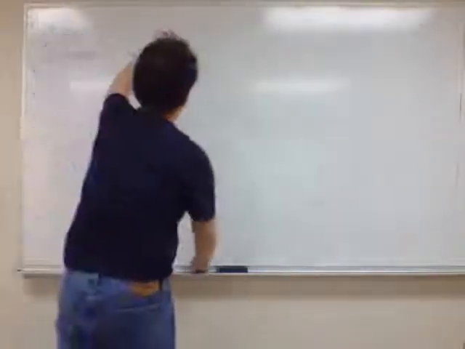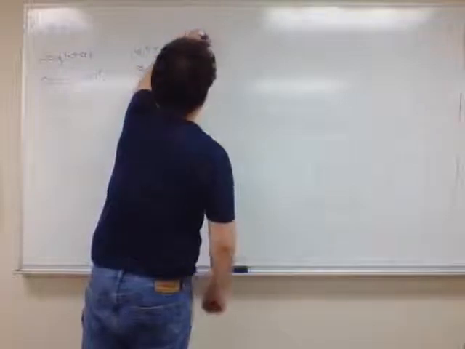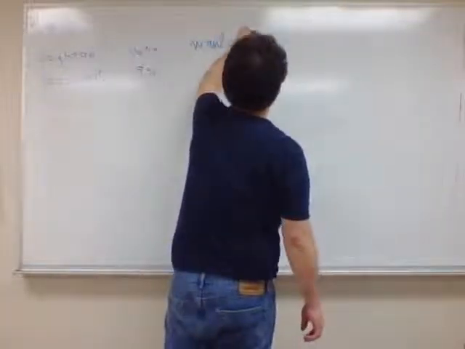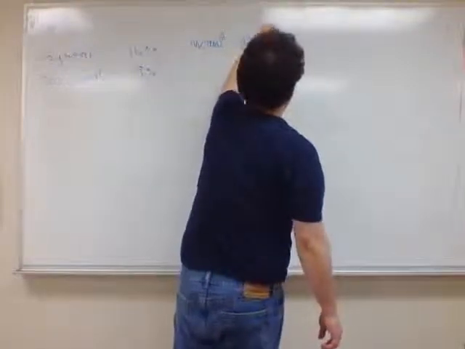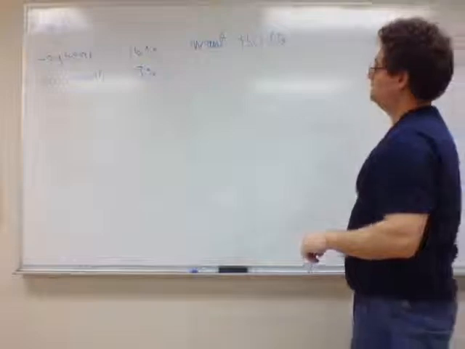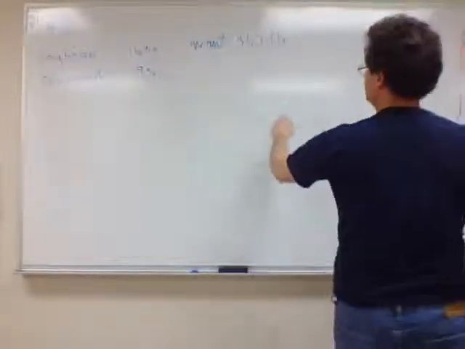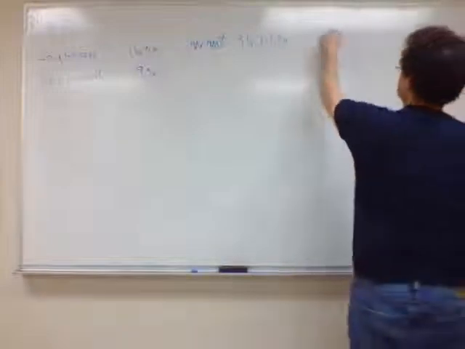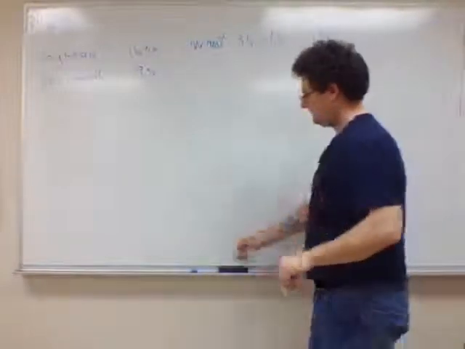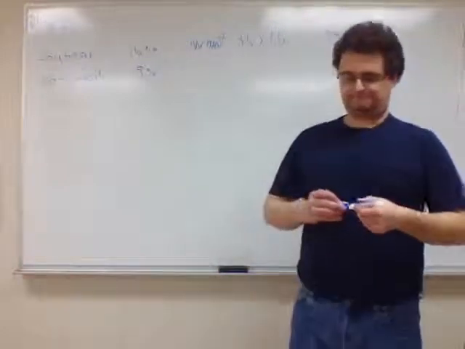So we want a 350 pound mixture with 12% of protein.